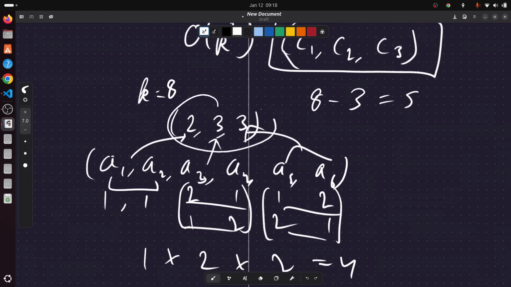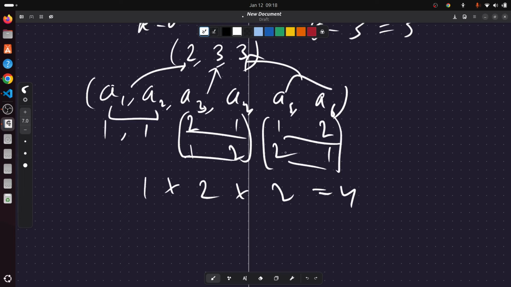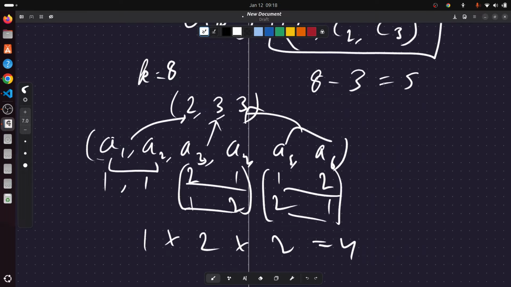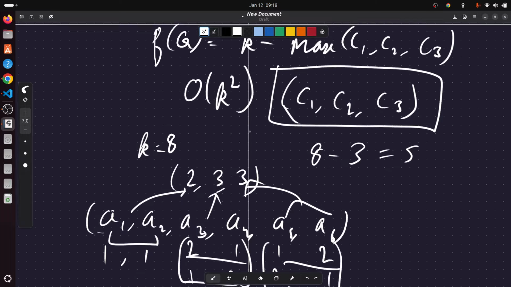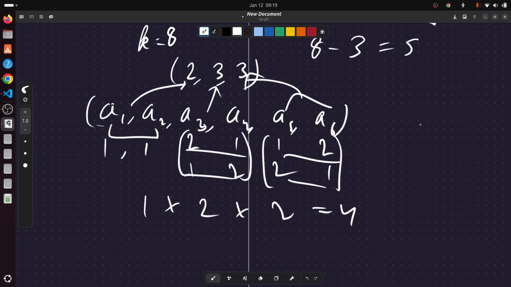Like this 2, 3, 3 appears 4 times, because it can be made using 4 different A1 to A6 arrays. So I will add its contribution, this f value of 8 minus 3, 4 times. I'll add this 5 four times into my sum, and that is the entire solution.